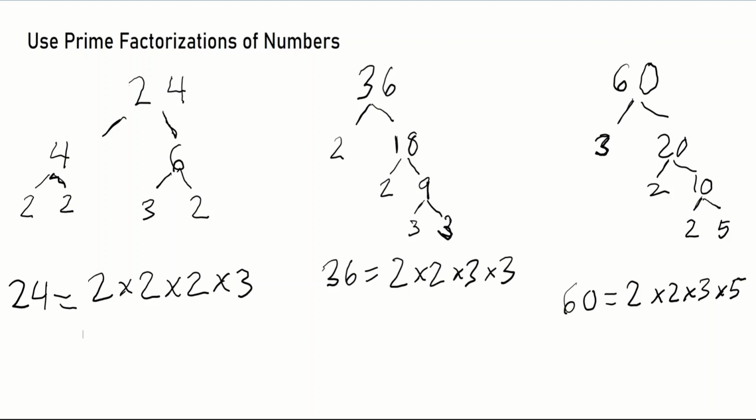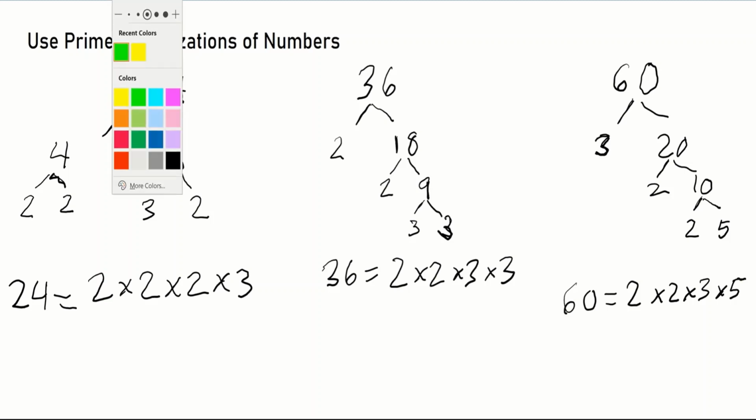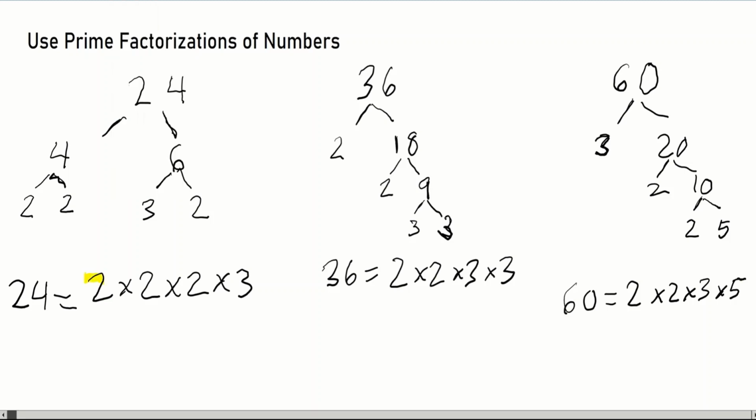So, if we look, we have a 2, which is present in all of them, a second 2, and then a 3.